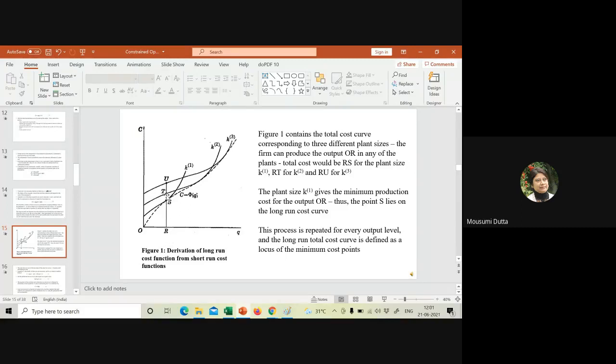Why should I go for plant 2, which will bring some additional cost of the amount ST? Or why should I go for the third plant, which will bring an additional cost of SU? So I'll select only plant 1. If my target output is OR, I'll select plant 1 because that is minimizing the total cost of production. Is it clear?